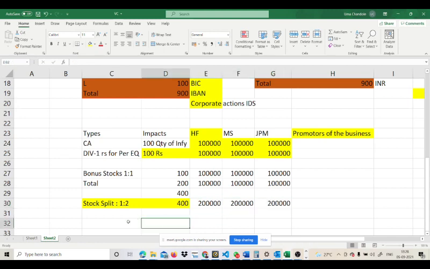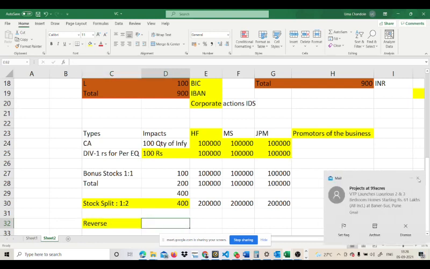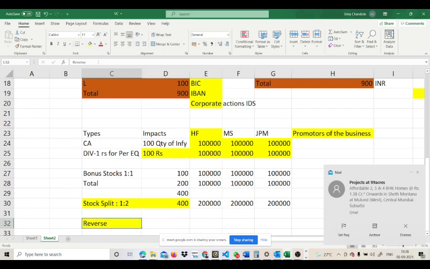So after a stock split, if the company announces a reverse split, here you can see that a reverse split means the company wants to reduce the number of holdings from 2 to 1.